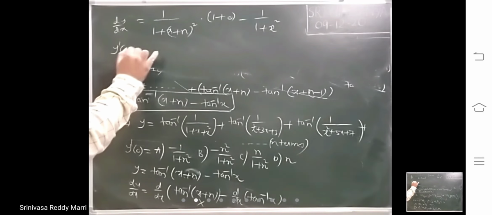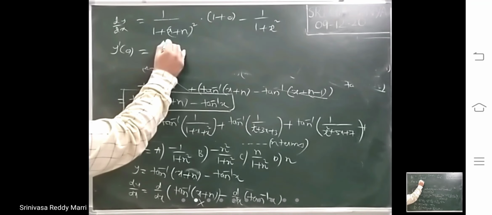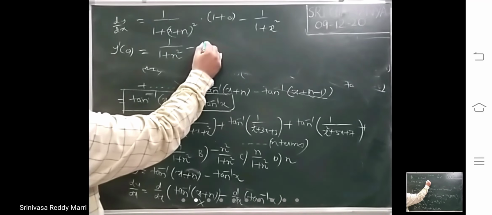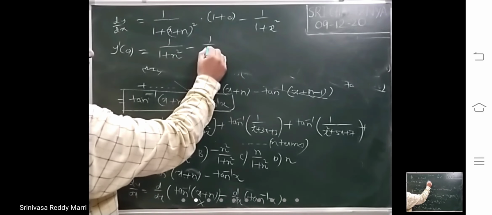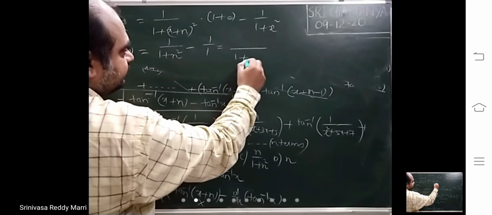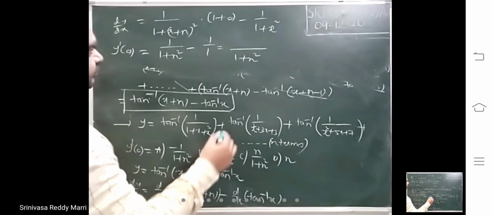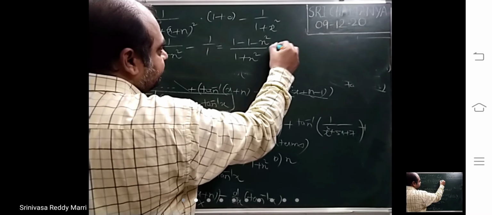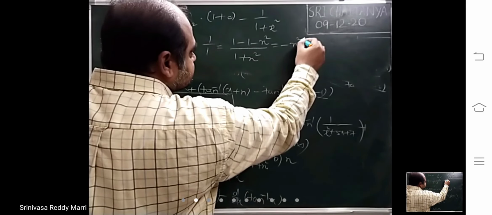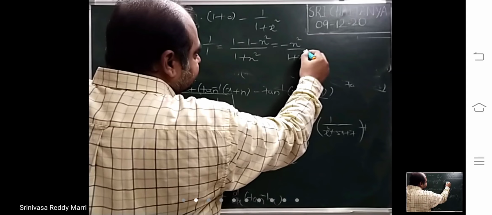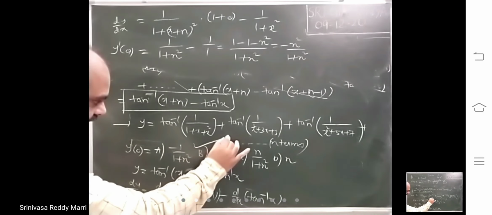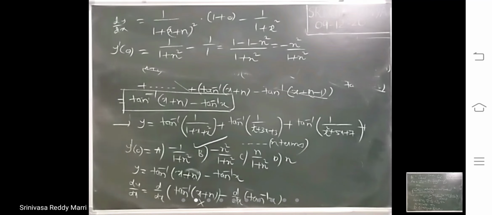Y dash 0 is nothing but substituting x equal to 0: 1 by 1 plus n squared minus 1 by 1. If you take the LCM, 1 minus 1 minus n squared, that means minus n squared divided by 1 plus n squared. Like that, you can make use of this rule.